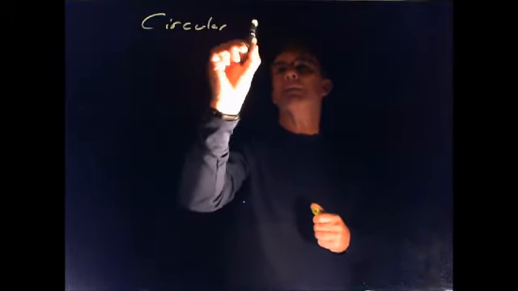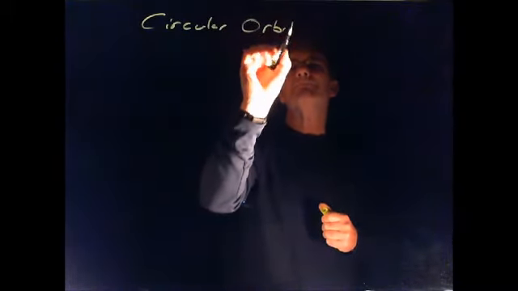Okay, the last thing with 2D motion that I want to mention gets into, and this is almost off topic, but it's still circular motion, and that's a circular orbit. I know orbits may not technically be circular, but they're pretty close to circles, and this is the only type of thing that we deal with.